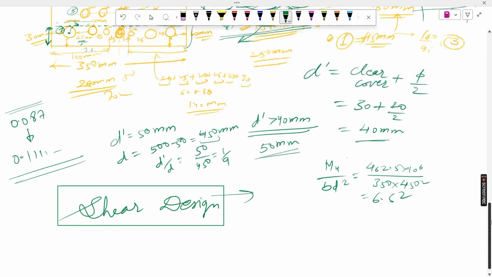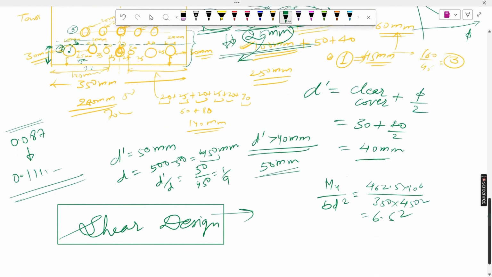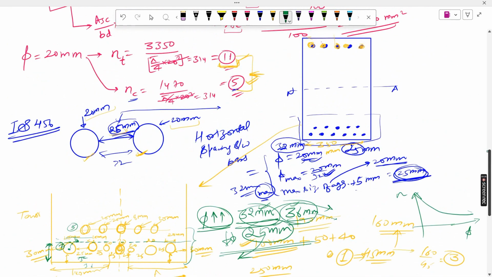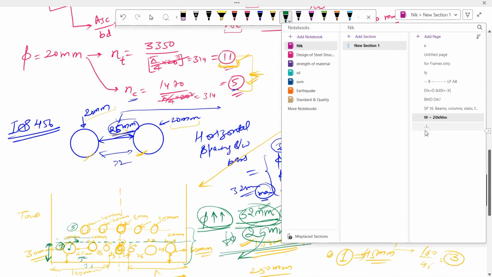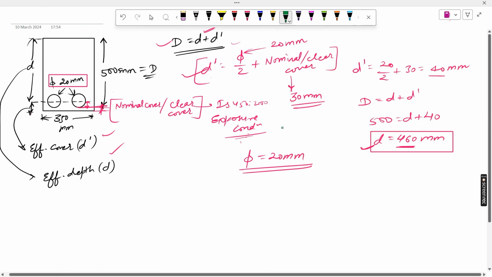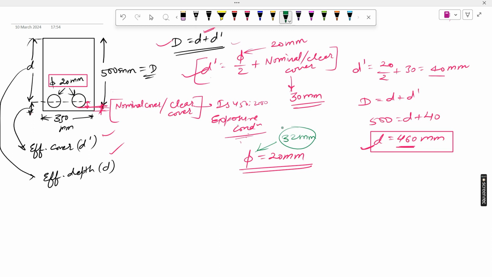So just take these values. What are the values of PT and PC? So what should you do? You can increase the size of dia like 32 mm. If you increase to 32 mm, then your D will reduce, because phi is 32, so D dash will increase and D is reduced.